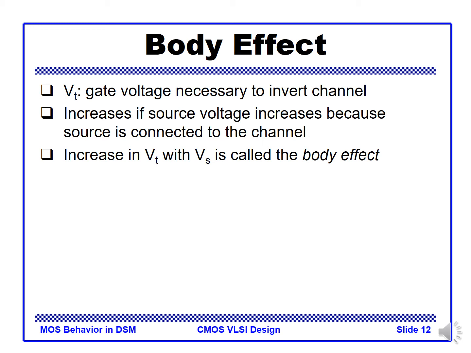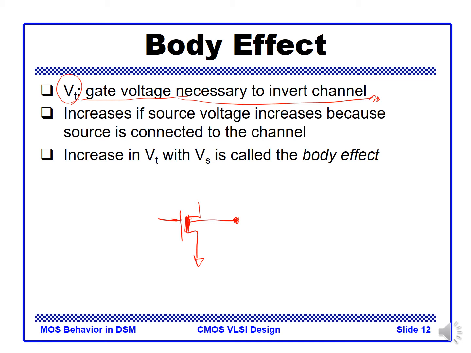Another effect is the body effect. Body effect is that, for example, we learned that VTH, the threshold voltage, is the gate voltage to invert the channel. But for the body connection, if we have a different body voltage, then channel inversion happens at a different voltage.